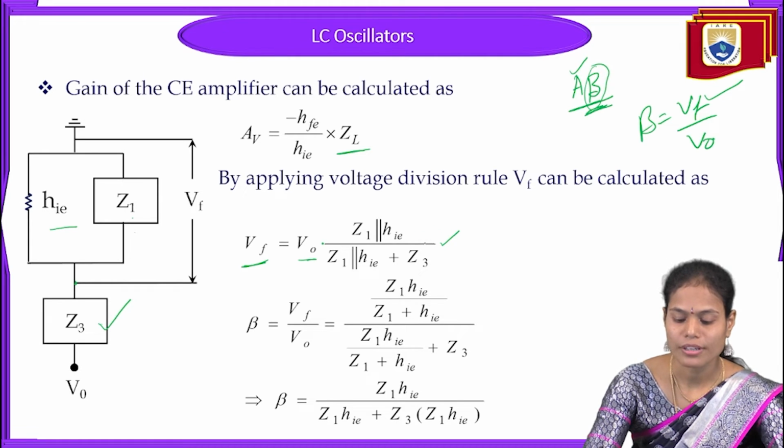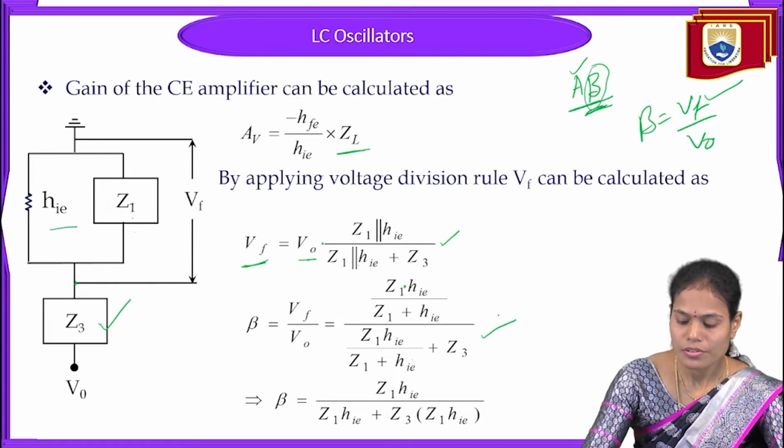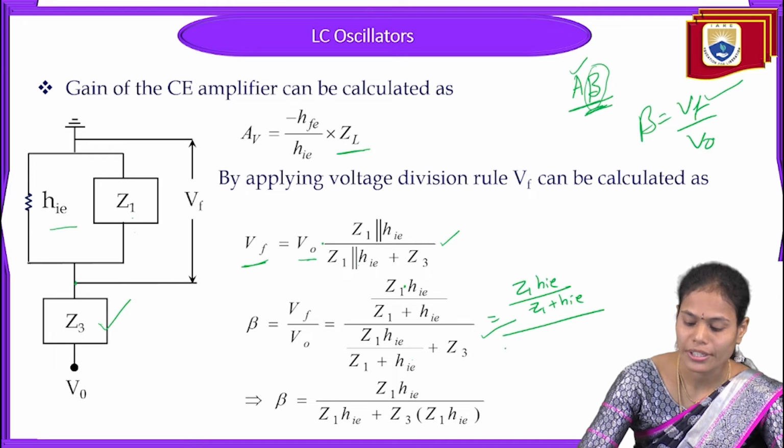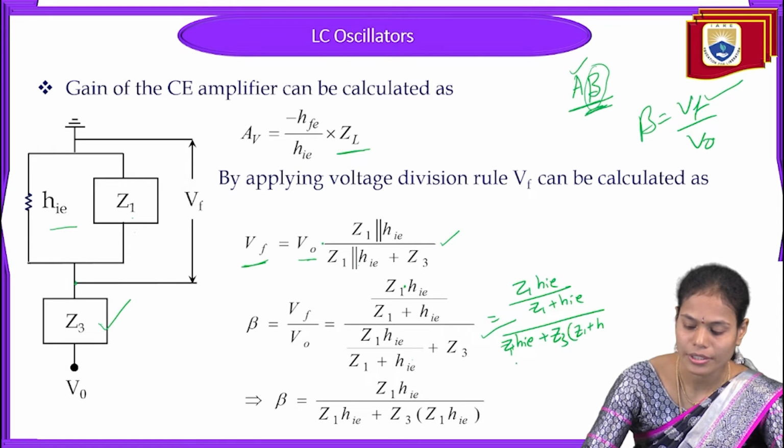We write this as Z1 HIE by Z1 plus HIE, and the same in the denominator. These two terms get cancelled, so we get Z1 HIE by Z1 HIE plus Z3 of Z1 plus HIE.